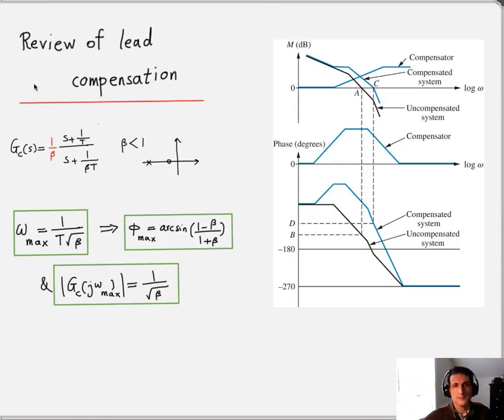Okay, so if you remember from the previous lecture, a lead compensator that has a 0 DC gain can in general be characterized as 1 over beta, which is just the gain, times s plus 1 over T divided by s plus 1 over beta T. The structure is very similar to that of a lag compensator that we talked about before.